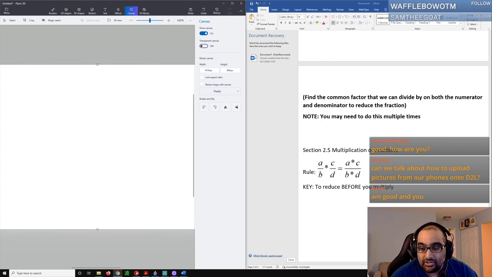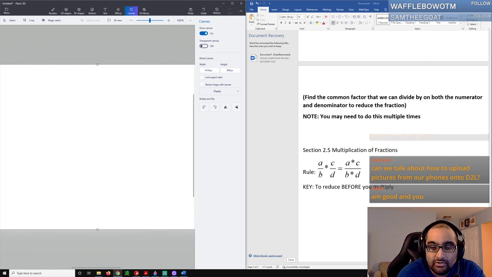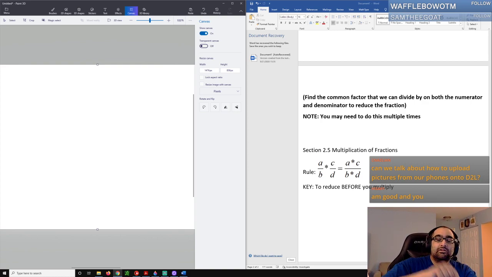Can we talk about how to upload pictures from a phone onto D2L? Well, you just have to upload the pictures to your PC, and then you could take your pictures from your PC and put them as an attachment to the assignment link for the test on D2L.